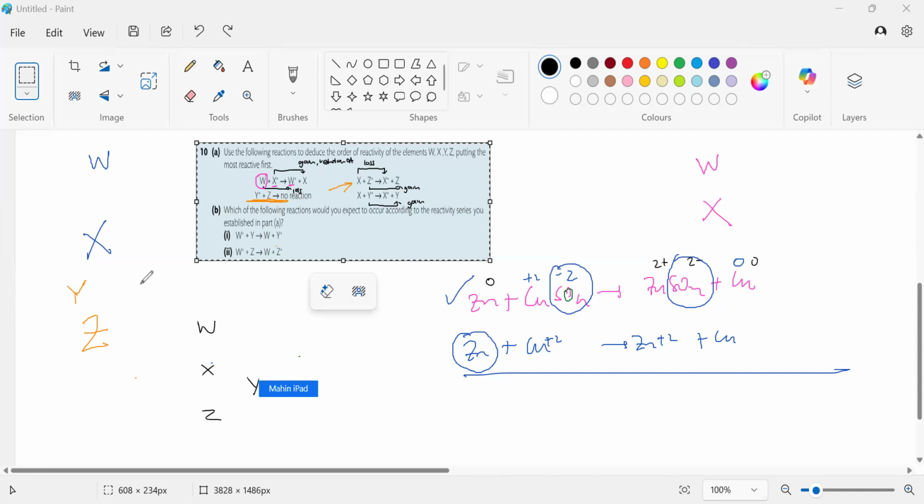Very good. Clear? Now next, what can you articulate from here? X is more reactive than Y. So where to place X? Above Y. So this is the reactivity series we got. So we build W up the reactivity series, Y, Z. Did you get this thing?